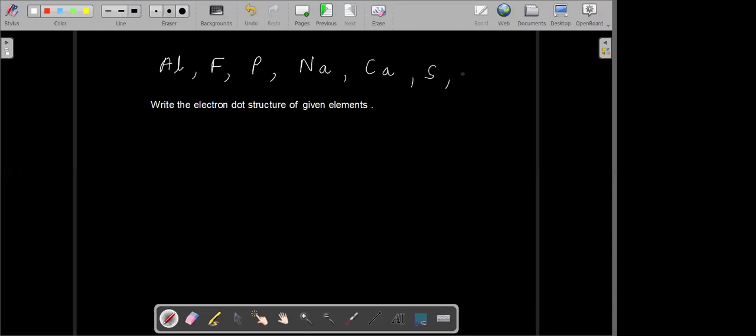You need to write for helium, hydrogen, silicon, fluorine, these elements. So you need to write down the electron dot structure of all these.